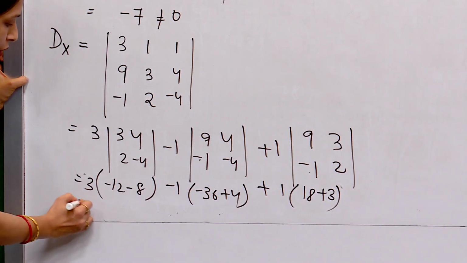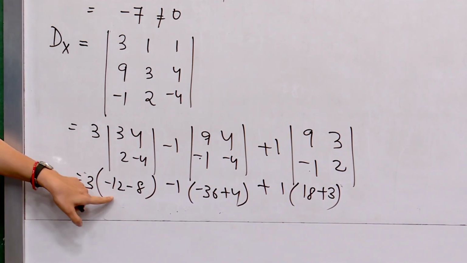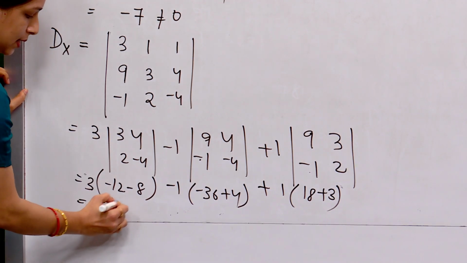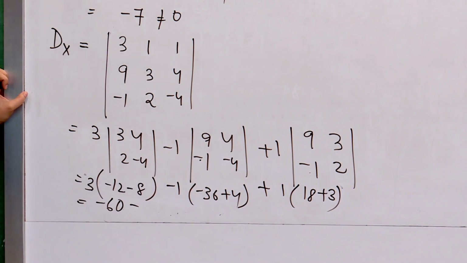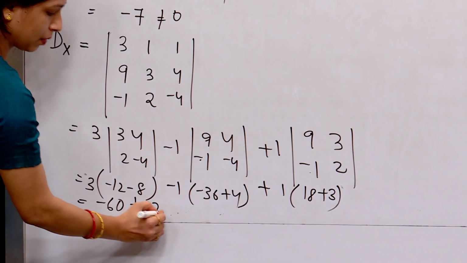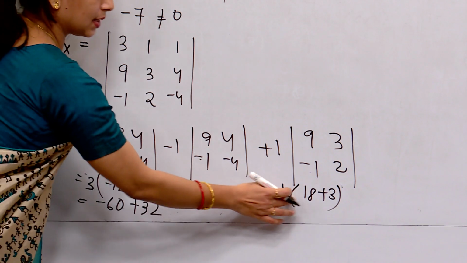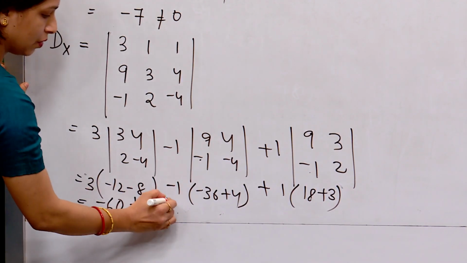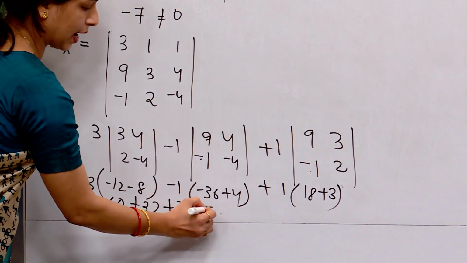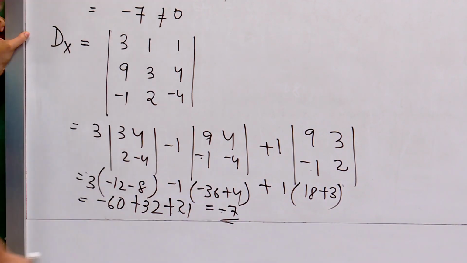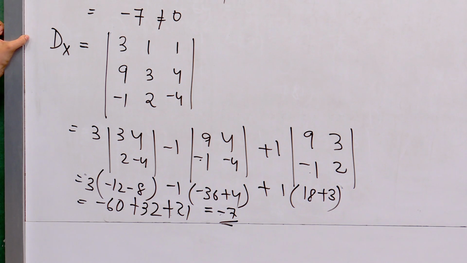So, here we get 3 into minus 20, so minus 60, plus, this is minus 32 plus 32, and this is 18 plus 3, this is 21. So, the answer is again minus 7. So, dx value is also minus 7.